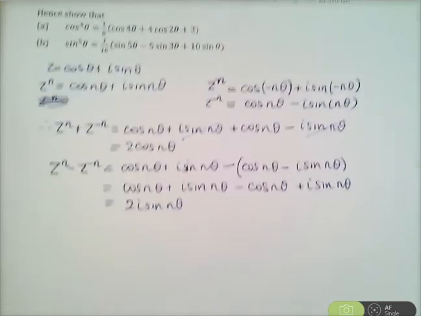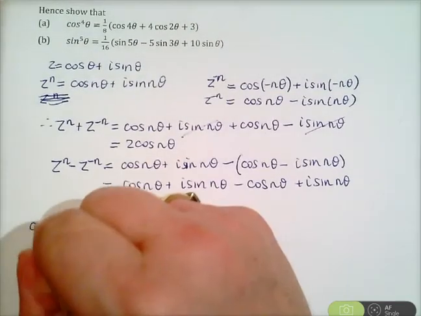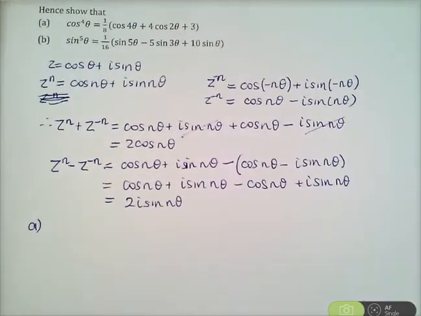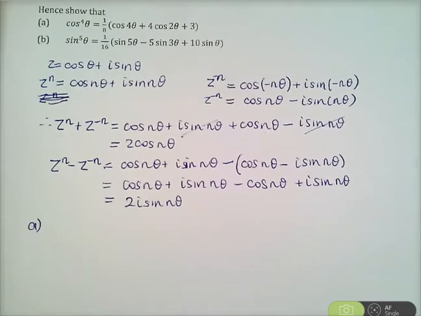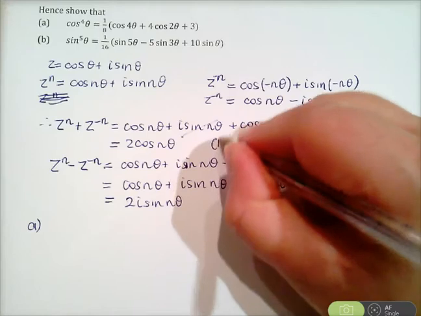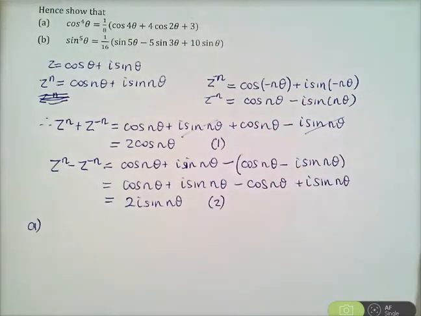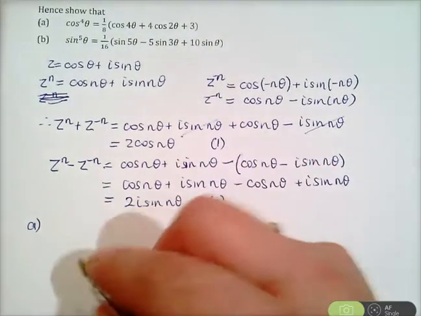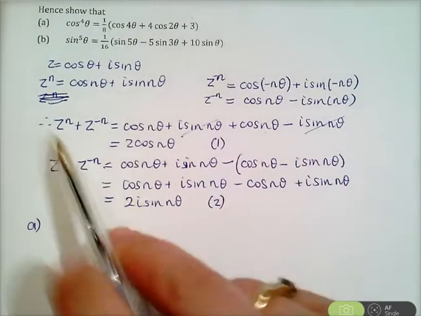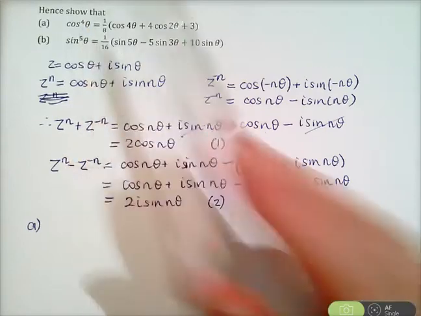Now, hence show those two results. So for part A, we have to show that cos to the power of 4 theta equals this expression here. Now, I'm going to call this result 1, and I'm going to call this result number 2. Now, we're trying to come up with an expression for cos 4 theta.